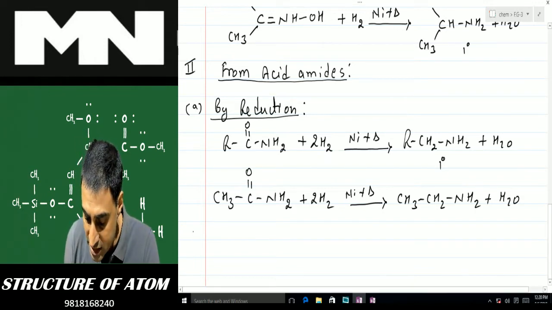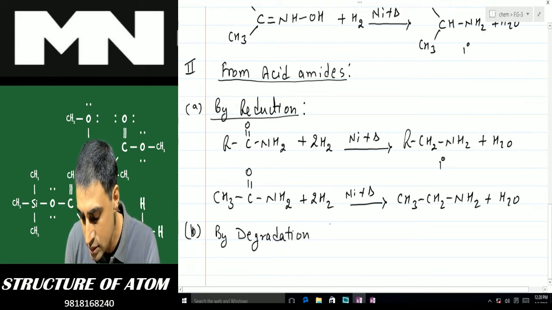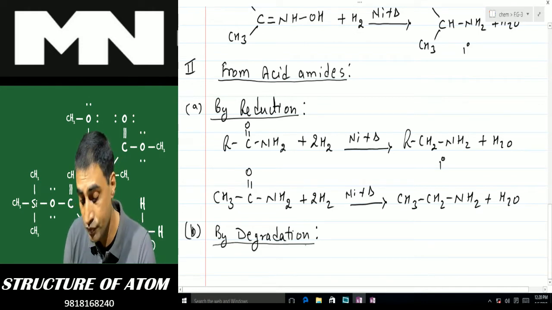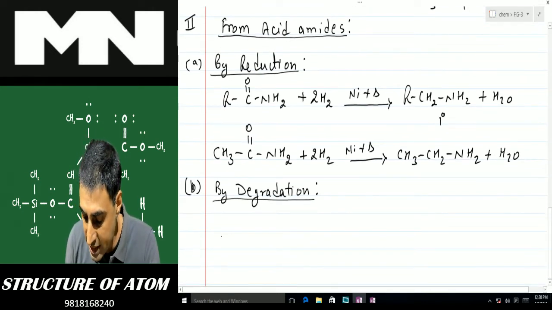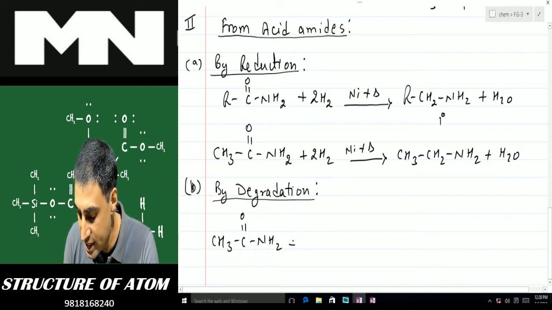So the second method we'll see is by degradation, that is, reducing the carbon chain. Now in this case, suppose again I have the same compound, ethanoyl amide. I will react it with Br2 in the presence of 4KOH.